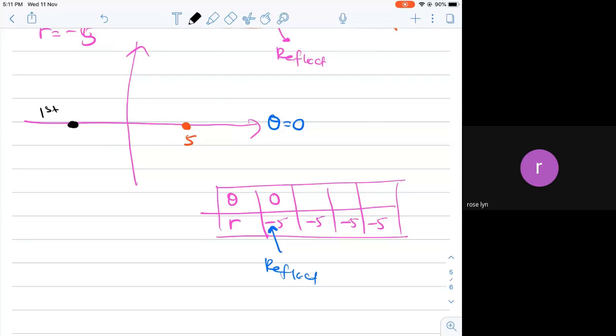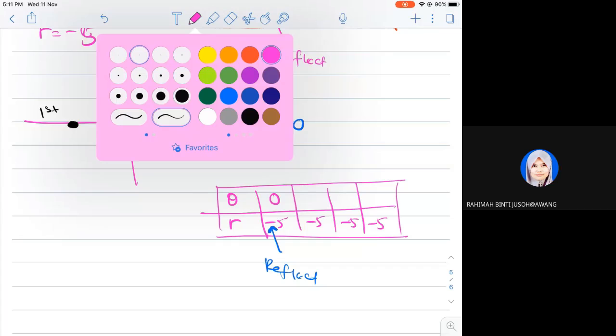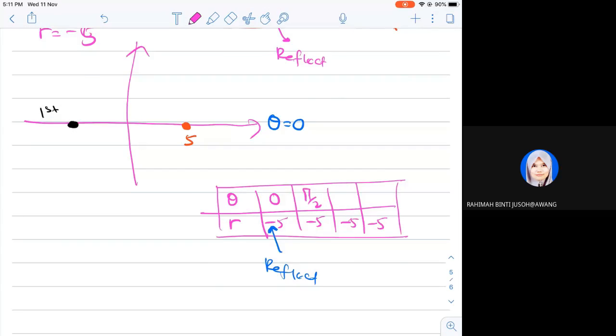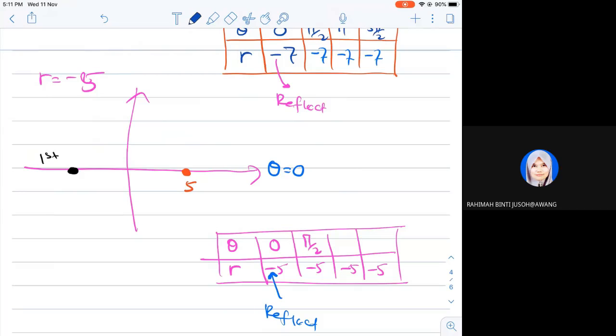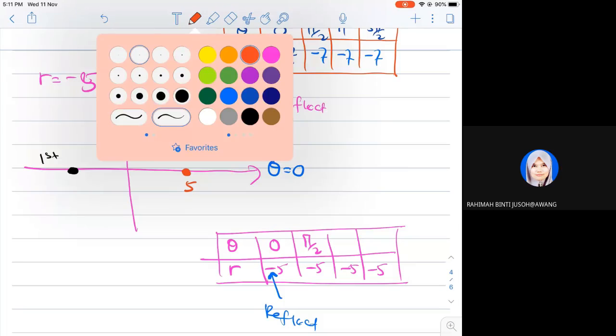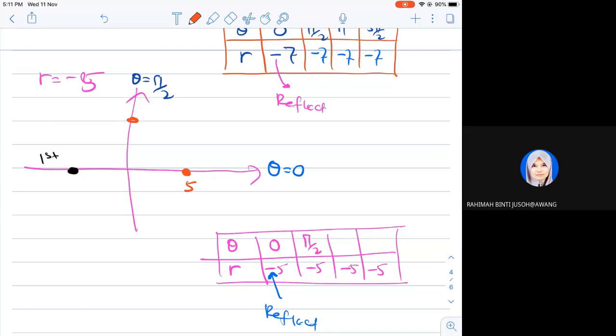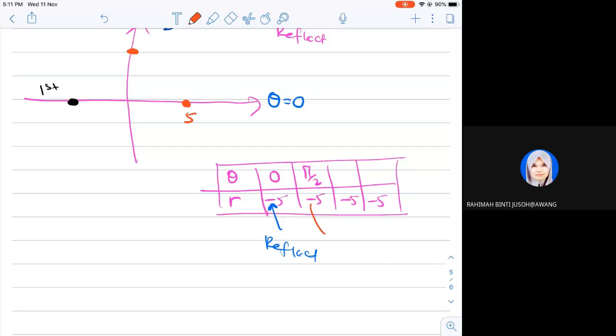Okay, next, second point. The position of pi over 2, dia dekat atas. Theta equals to pi over 2. Kalau R positif 5, dia sepatutnya berada dekat atas ni. However, okay guys, since our R is negative 5, so again you have to reflect.